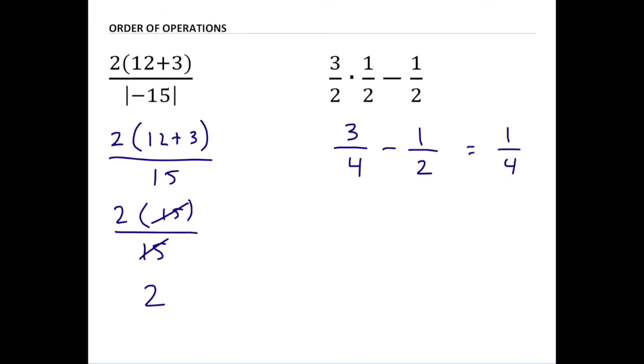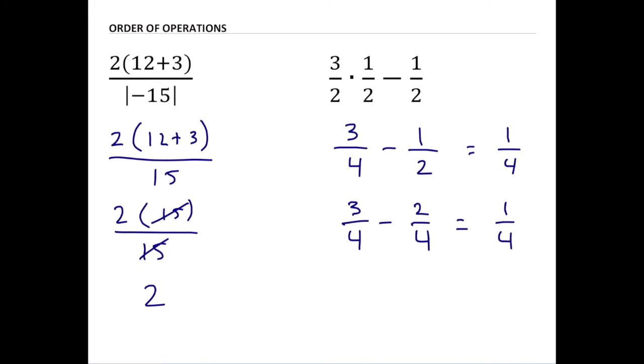But if you can't see that, what you have to do is find a common denominator. So we're going to multiply that second fraction by 2 over 2, so we end up with 3/4 minus 2/4, and 3/4 minus 2/4 is 1/4. Okay, so we end up with what we want.